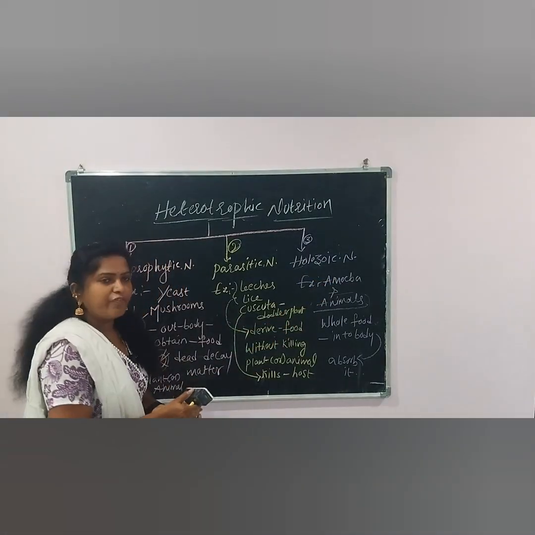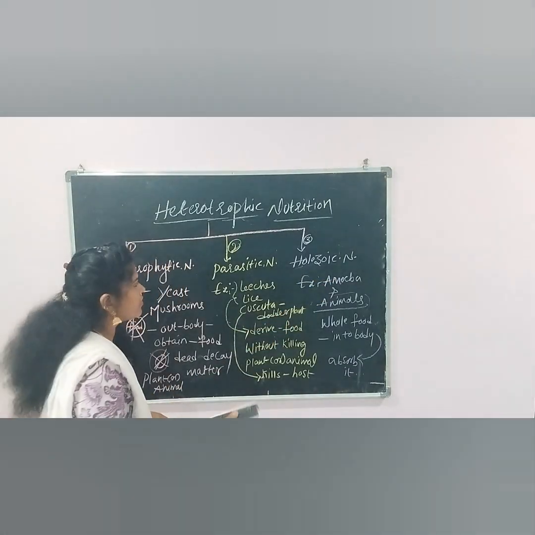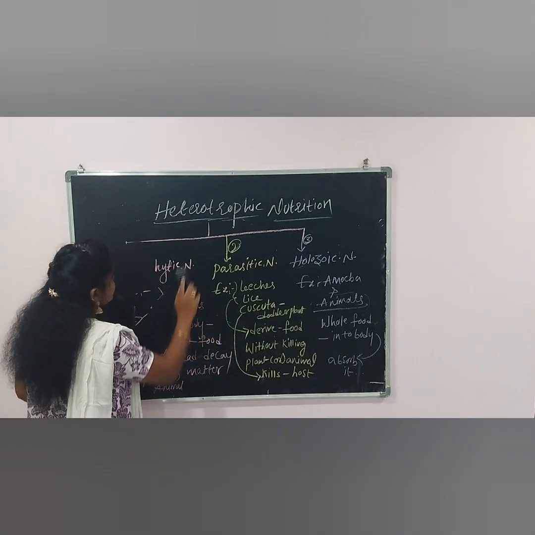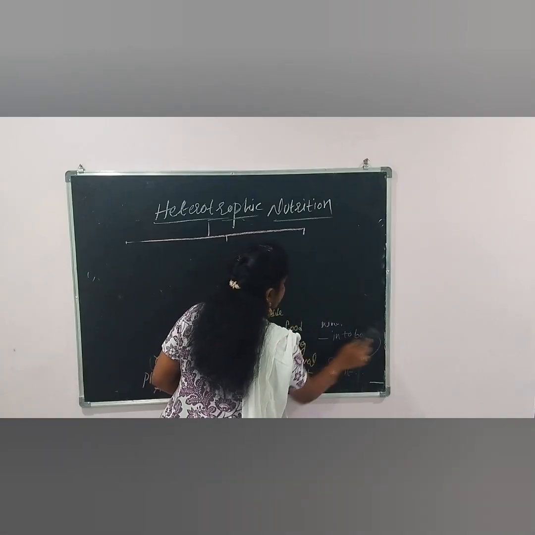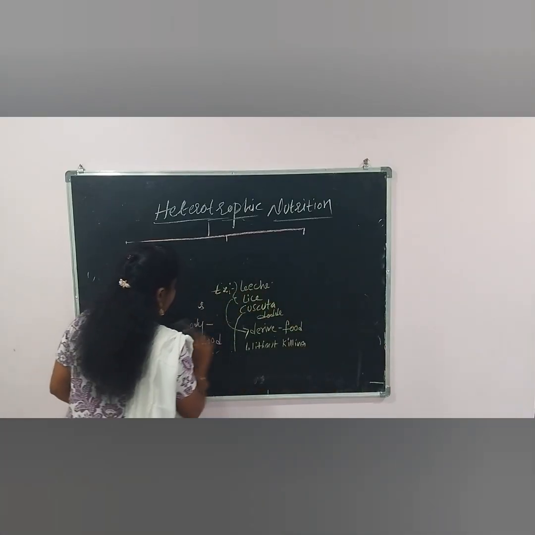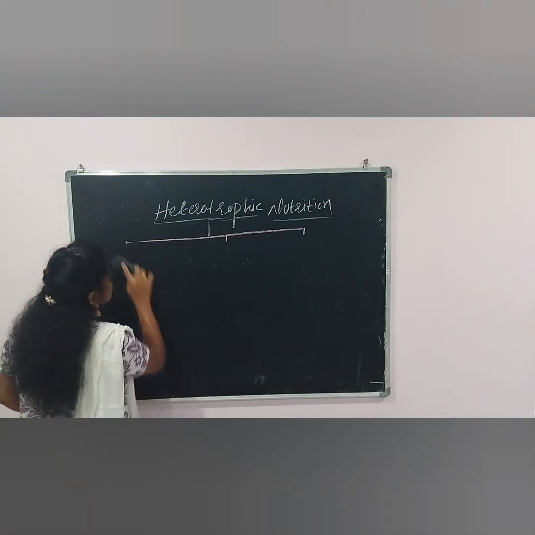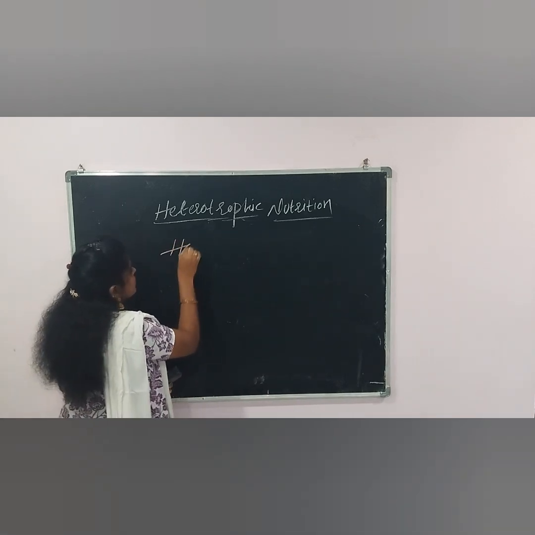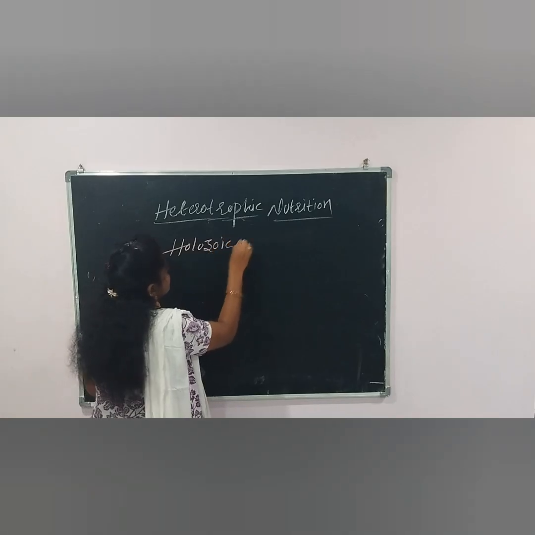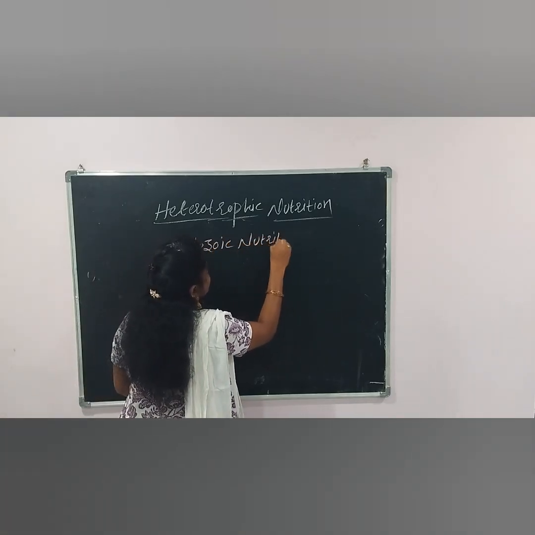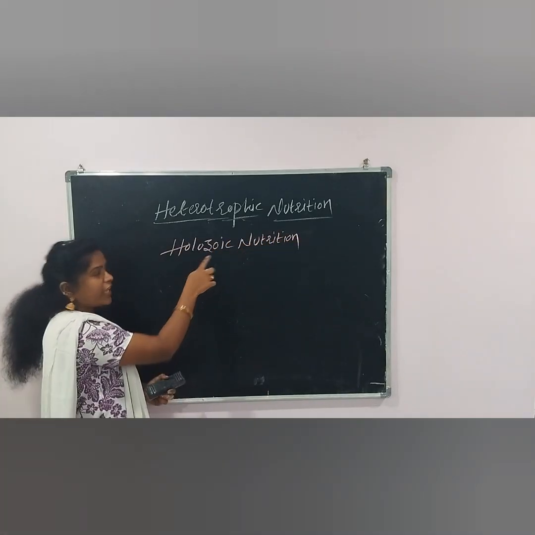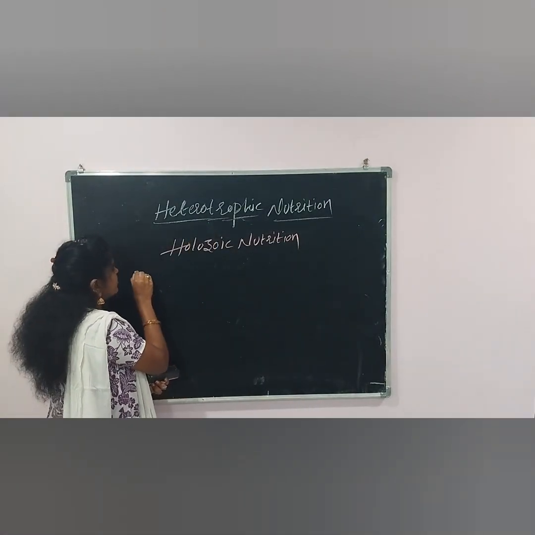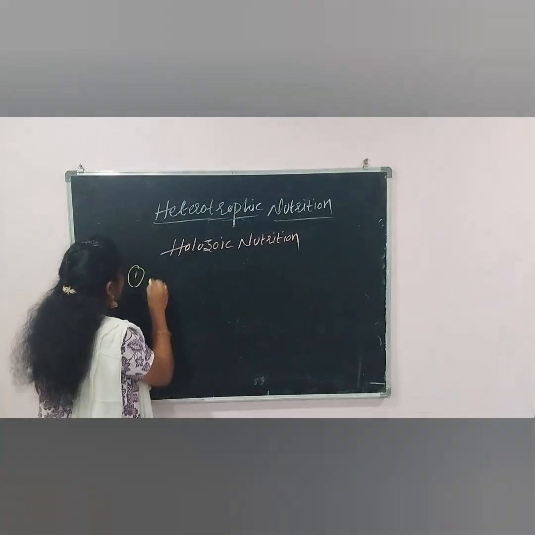Let us see the different processes involved in the holozoic mode of nutrition. This is the holozoic nutrition type of heterotrophic nutrition. In this holozoic nutrition, different steps are involved. What are they, children?